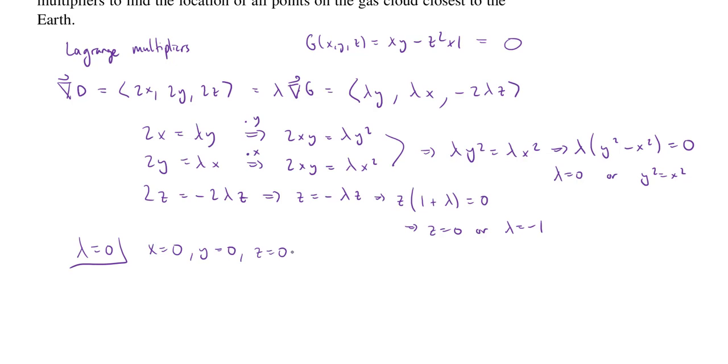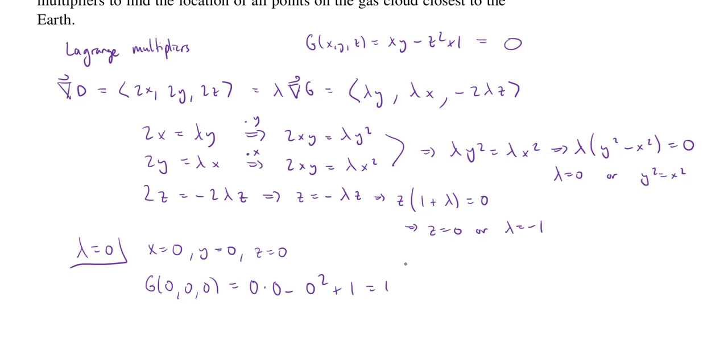But let's check to see if that actually is on the surface itself. If I evaluate g at 0, 0, 0, I'm going to get 0 times 0 minus 0 squared plus 1, which is equal to 1. Which means that this is not on the surface, so we don't get what we call a constrained critical point.